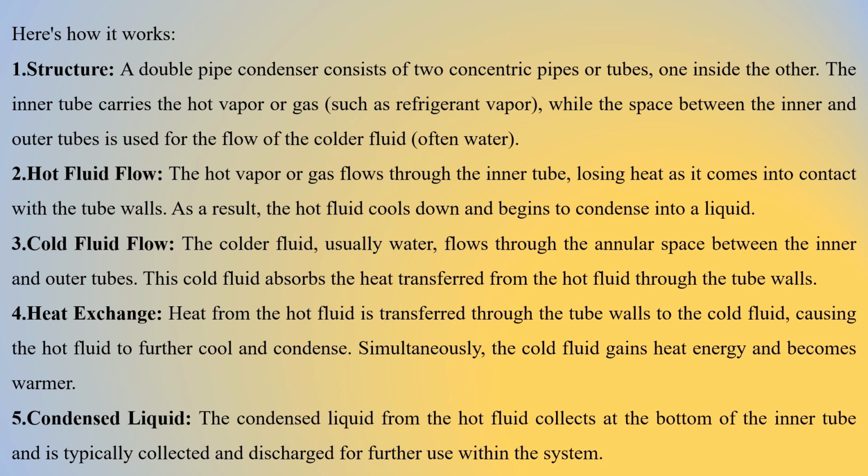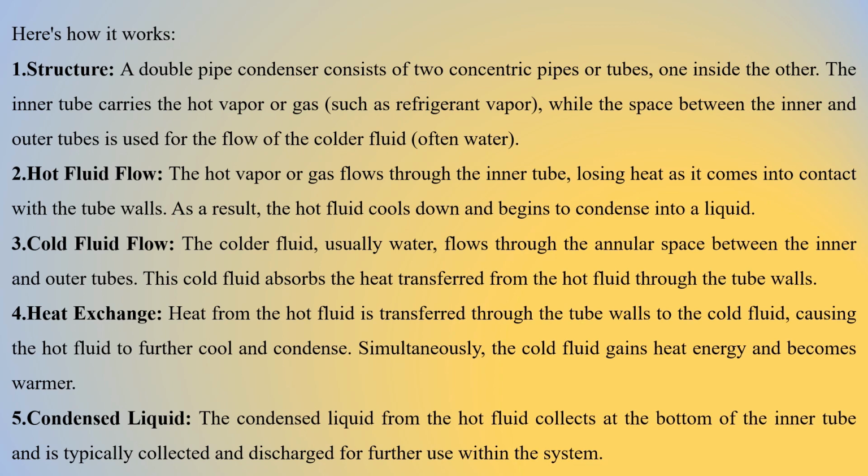See, the structure of it. A double pipe condenser consists of two concentric pipes or tubes, one inside the other. The inner tube carries the hot vapor or gases, such as refrigerant vapor, while the space between the inner and outer tubes is used for the flow of colder fluids.